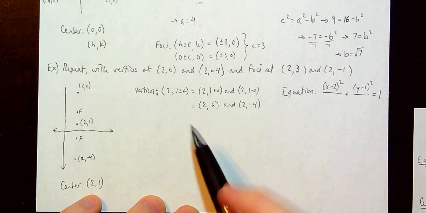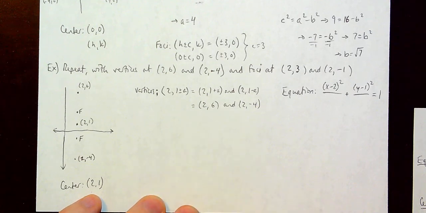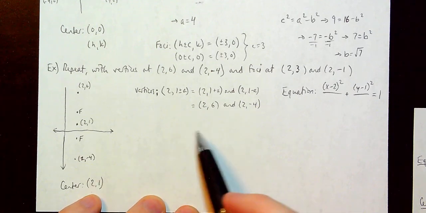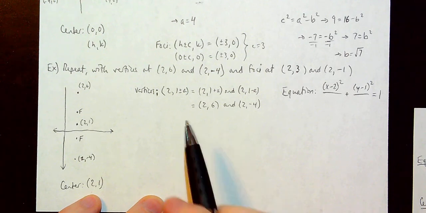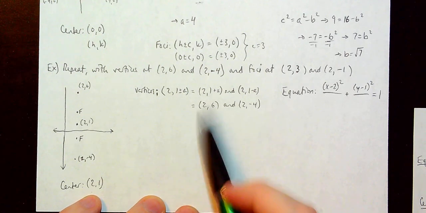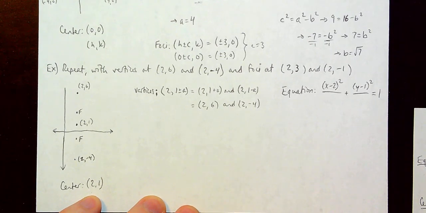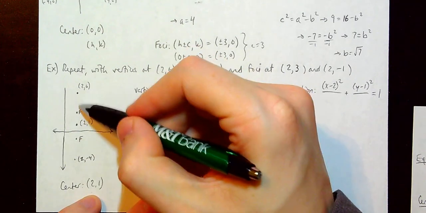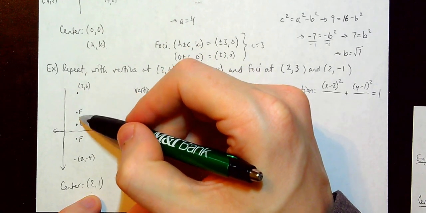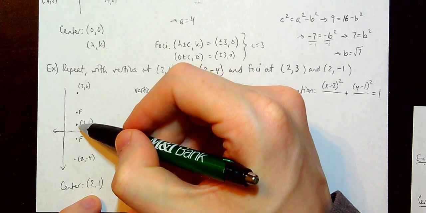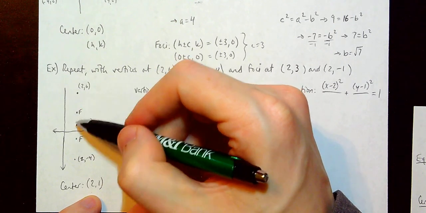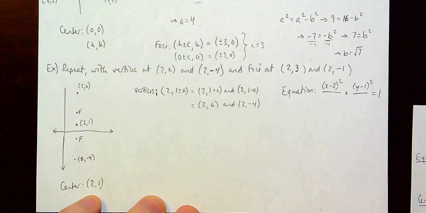But if you tried to do this looking at the actual coordinates of your vertices here, this is how you would set it up. But you may find it easier overall to think, okay, my a value really at its core is just the distance, or the length, from the center to either of your vertices.